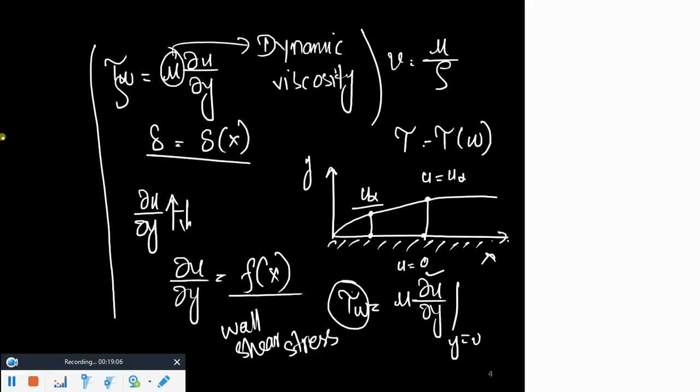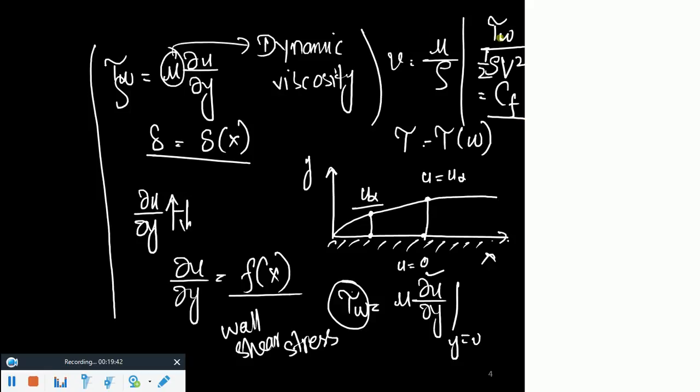In most of the literature you will find that engineers talk in terms of non-dimensional quantities. So if you non-dimensionalize this shear stress by dynamic pressure, that is a quantity known as the friction coefficient.